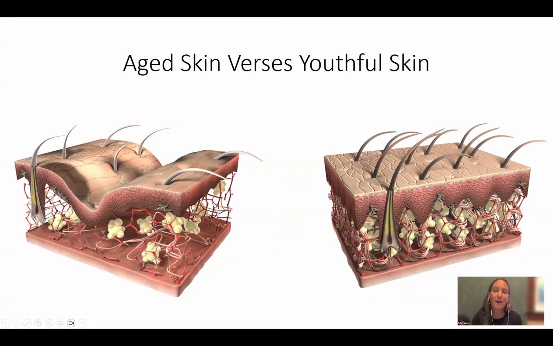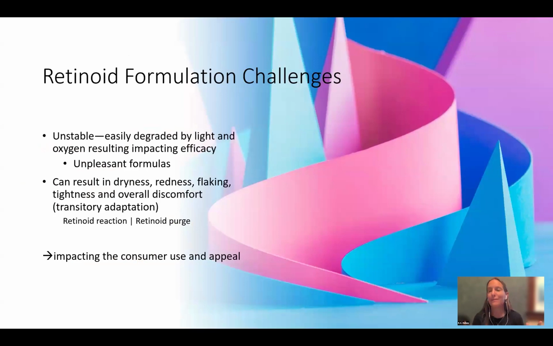So when we talk about how retinoids are the gold standard, you can kind of see why that is, because the retinoids can kind of hit the full gamut of aging concerns that people have. So that is all of the benefits of retinoids, right?